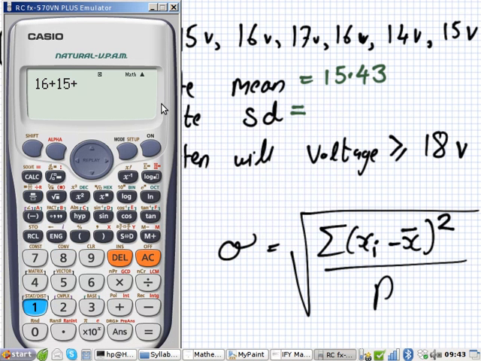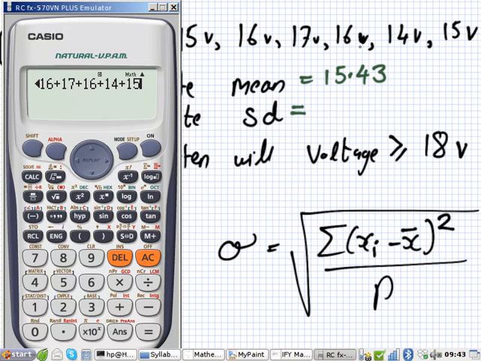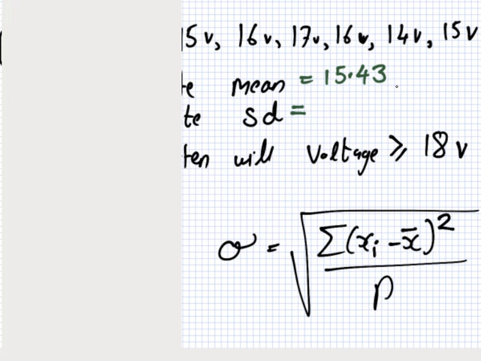Next one? Is that them all? How many numbers are there? 7. I'm dividing by 9. Oh. Interesting. 15.57. Thank you very much.